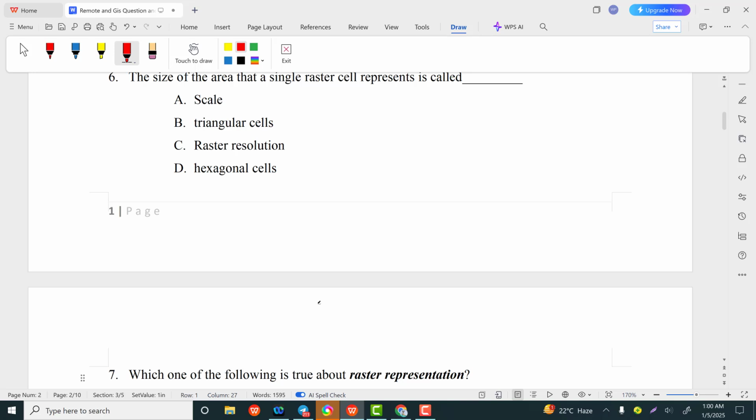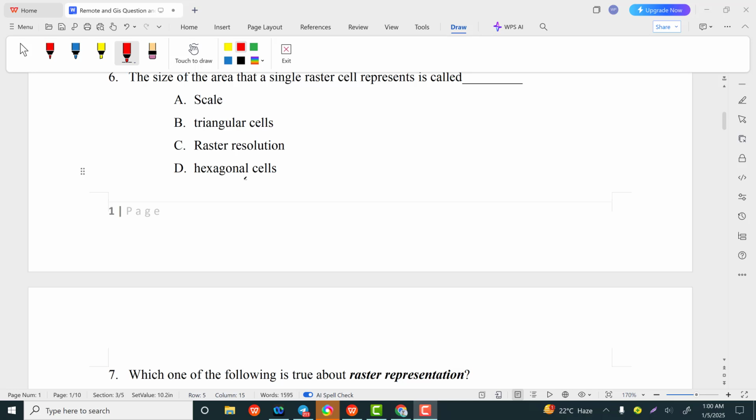Question number 6. The size of the area that a single raster cell represents is called what? A. Scale. Scale is simply the ratio between map distance and ground distance. There are small scale maps, medium scale, and large scale maps. This is not the answer. B. Triangular cell. C. Raster resolution.